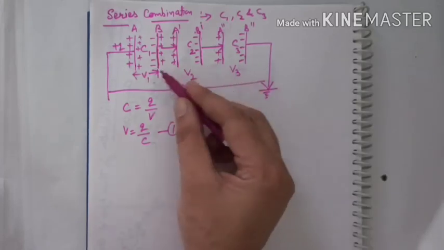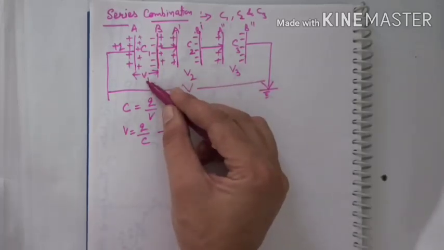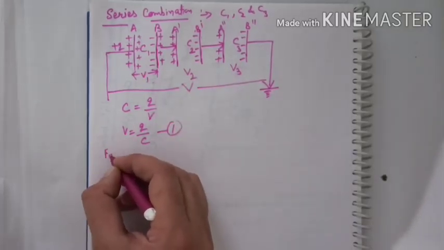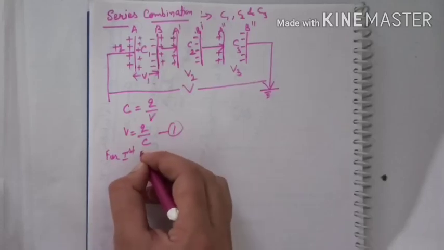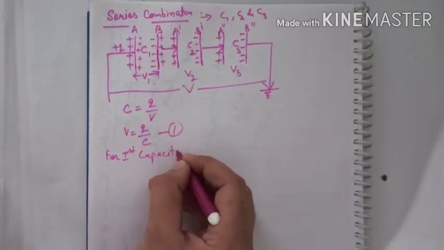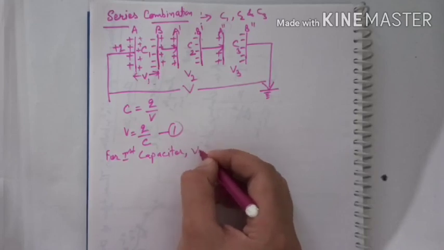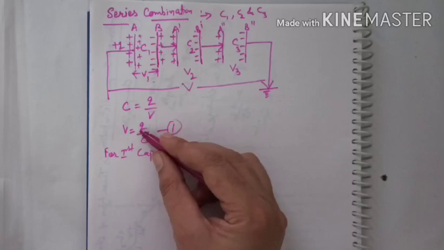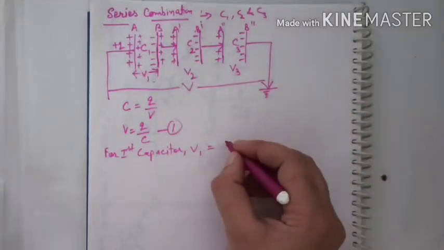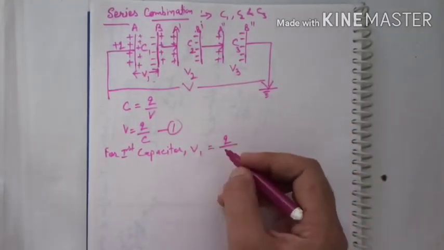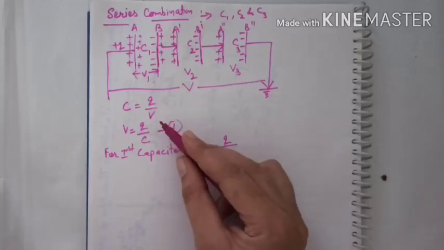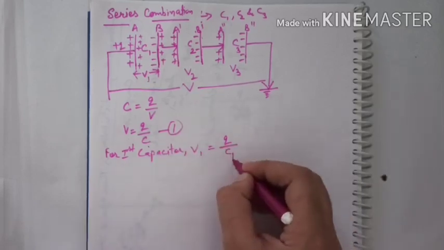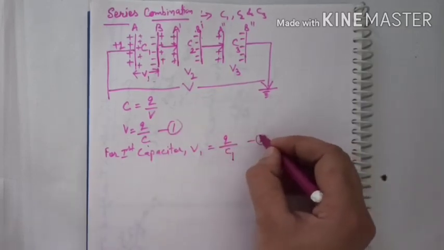For the first capacitor, we will find the potential V1. Using this formula, V1 is equal to Q over C1, because charge is same across all the capacitors. C1 is for the first capacitor. Say that this is equation number 2.